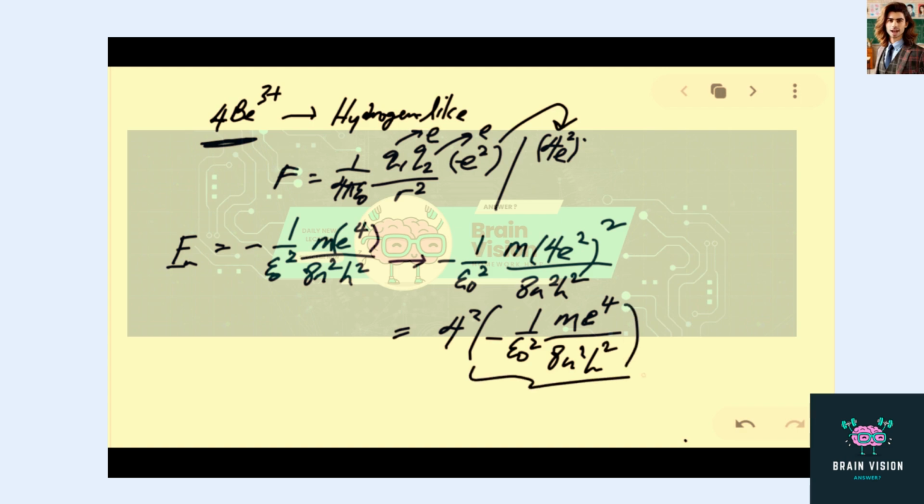This is the energy for hydrogen. So what this means is that it is basically just taking the number of protons squared multiplied by the hydrogen expression, which is negative 13.6 eV divided by n squared.